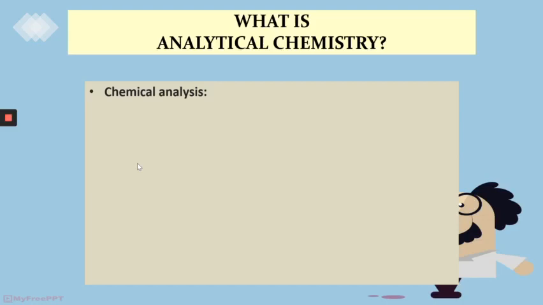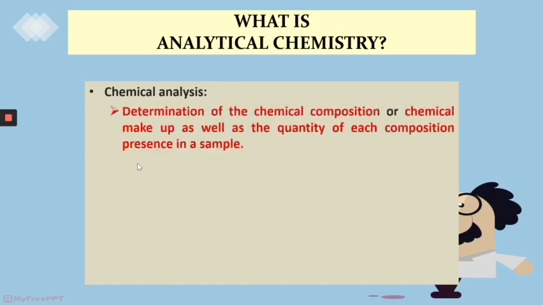Firstly, look at what is analytical chemistry. Look at the definition for chemical analysis. So chemical analysis is the determination of chemical composition or chemical makeup as well as the quantity of each composition present in a sample.